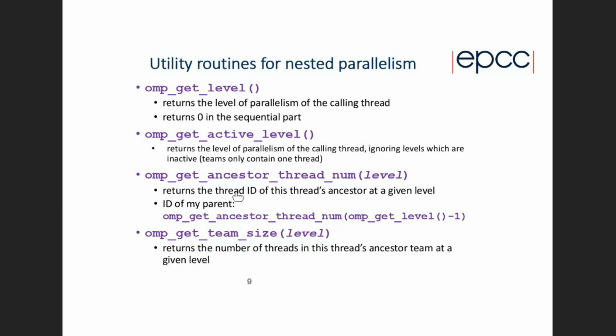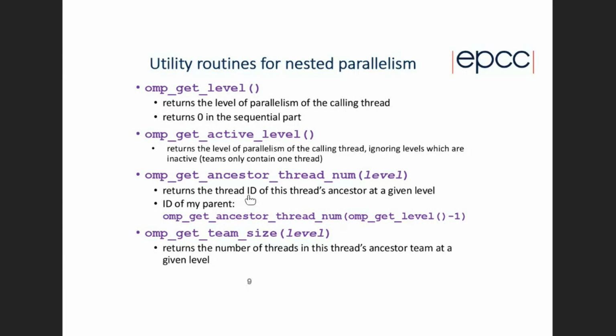Okay, and then get ancestor thread num at a particular level returns the thread ID of this thread's ancestor at a given level. What does get ancestor return if you're in the master? That's a good question. I'd need to look that up.